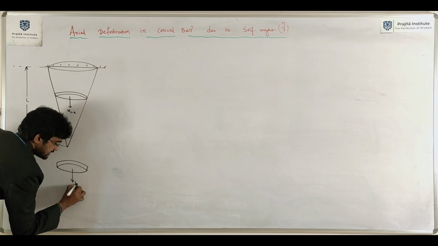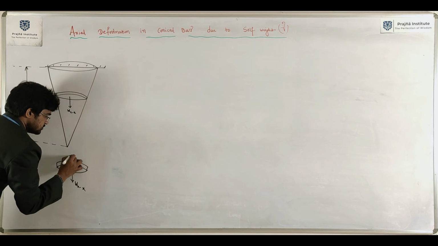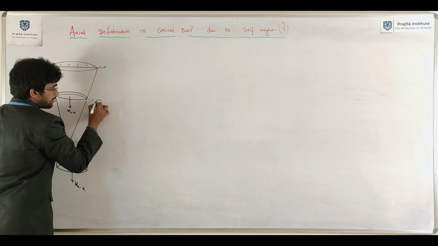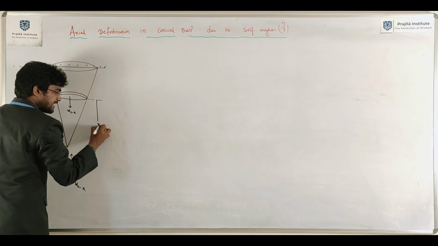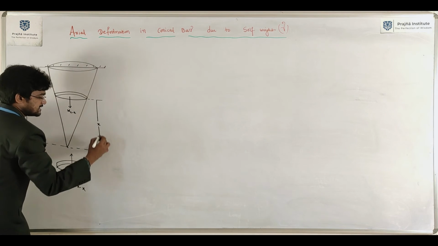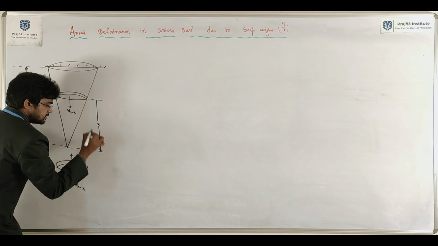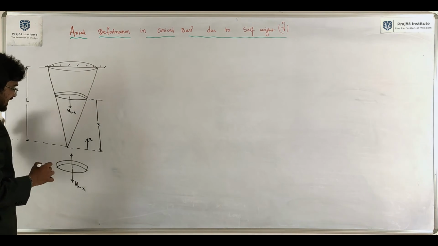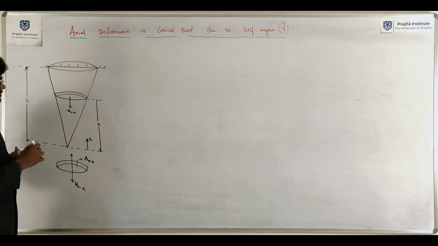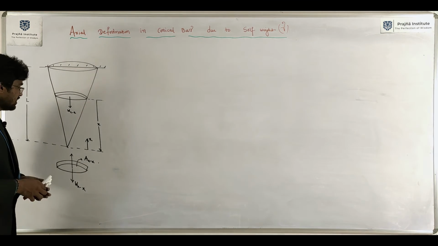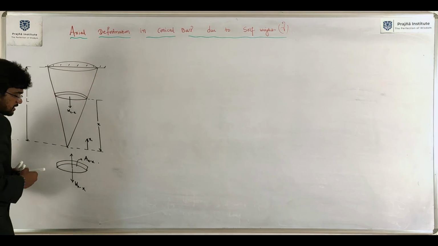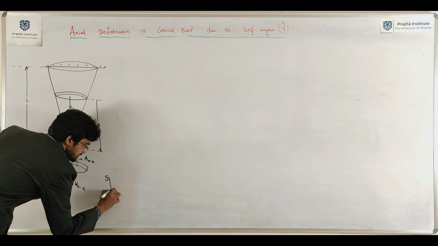The distance from here to here will be x, measured from the apex, and the total length is L. Here the area of cross section is A at section XX.